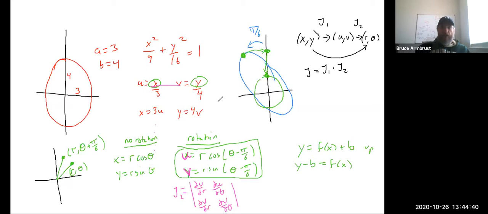Just like up here, J1: dx du, dy du, dx dv, dy dv. And again, we already have those. This one's easy, it's 12. This one, not quite as easy.